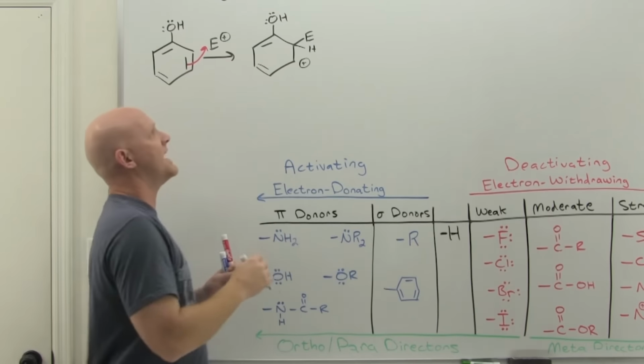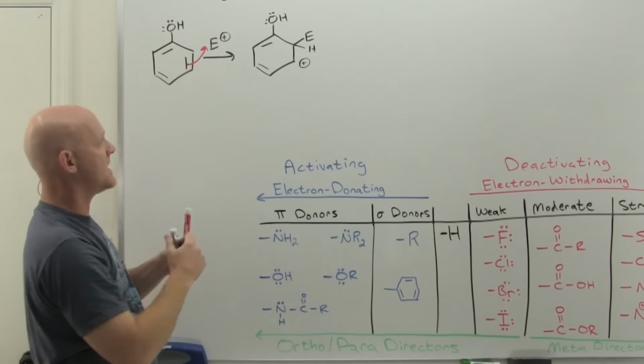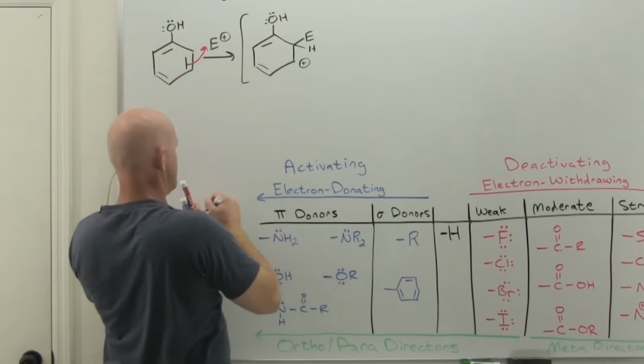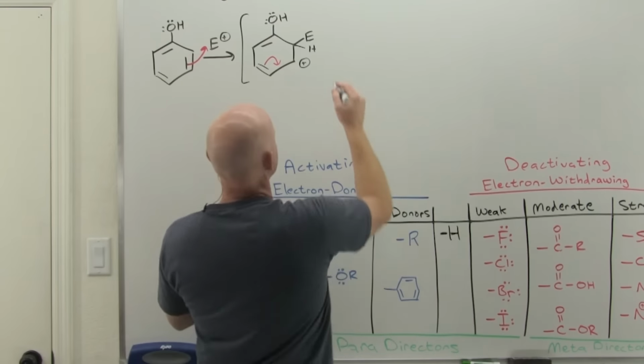Okay, so I've got the electrophile attached at the ortho position, which leaves the carbocation here on the other side. And then we've got some resonance structures we can show here. One bond away there, so we'll move those over.